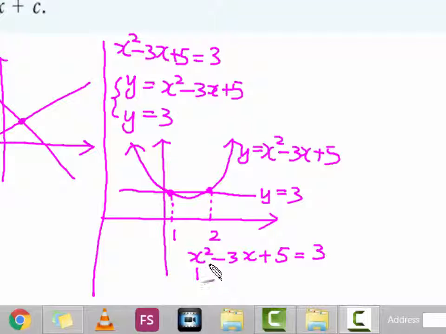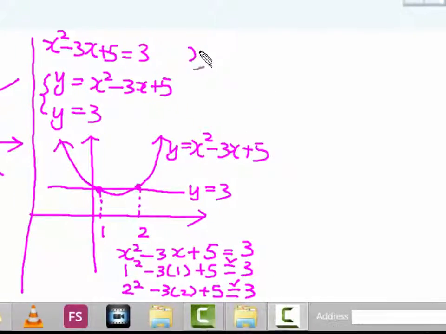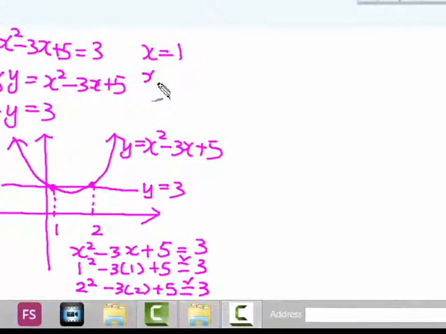So put down 1 squared minus 3 times 1 plus 5. Yes, it does equal 3. And we can also try 2: 2 squared minus 3 times 2 plus 5. And yes, it's also equal to 3. So the solution here is x equal to 1 and x equal to 2.